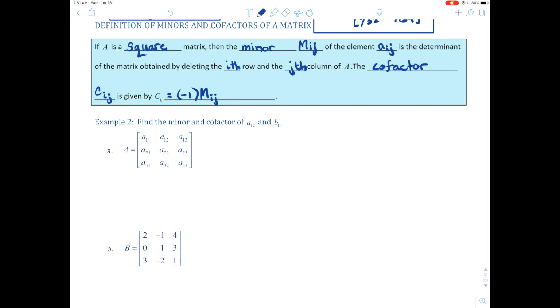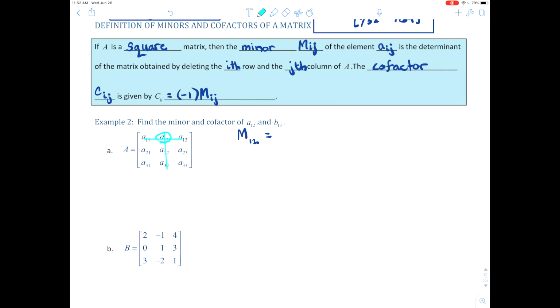So M12 is equal to, I go to the element or entry A12. Good so far? A12 is this one here. And so I'm supposed to delete this row here, the first row, and the second column.